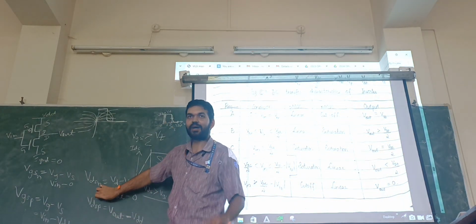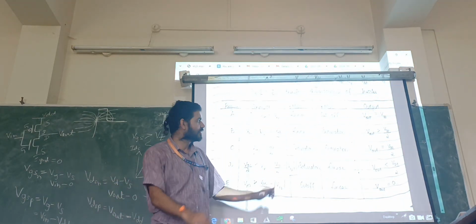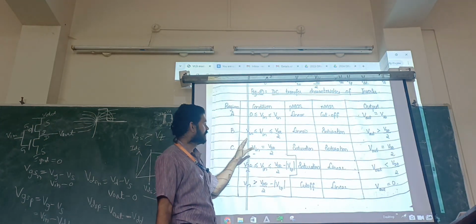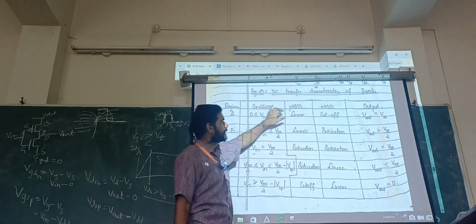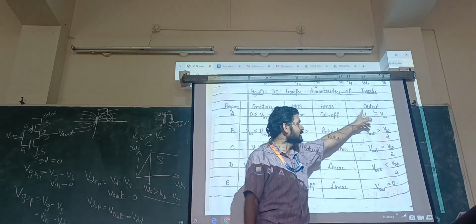Just now I showed another table, and using that table we come to a conclusion that, okay, if input is this much, PMOS is working in linear, NMOS is totally off, output is this.